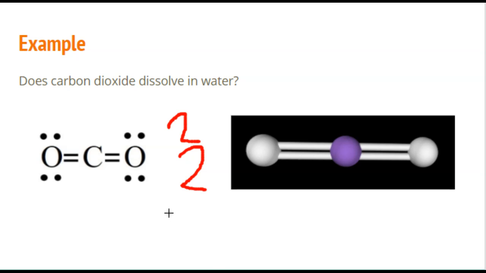This guy is not polar. Okay, so does it dissolve in water? It does not dissolve in water because this guy is not polar. In order to dissolve in water, it has to be polar. Water's polar, whatever would dissolve in it is polar. This guy is not polar.